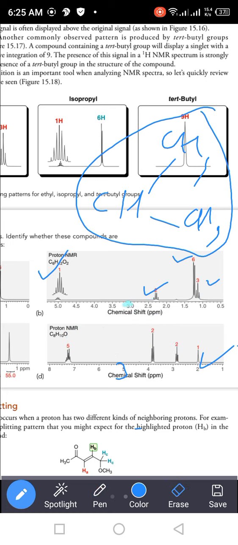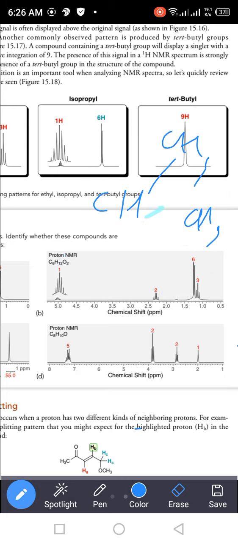This is very important. You have drawn different fragments separately, isopropyl group separately, ethyl group separately, and then compare these separate fragments with the splitting peaks pattern. Yes, these fragments and splitting peaks pattern are in accordance with the spectrum.